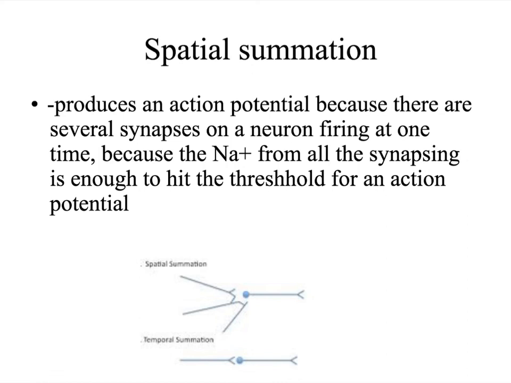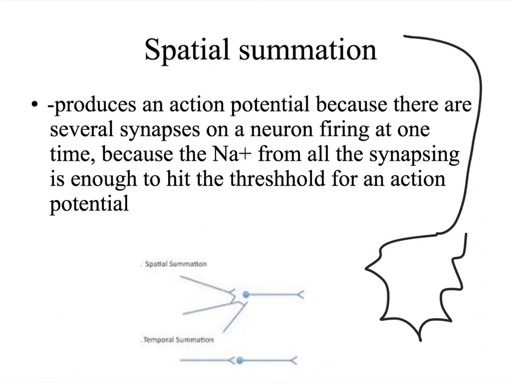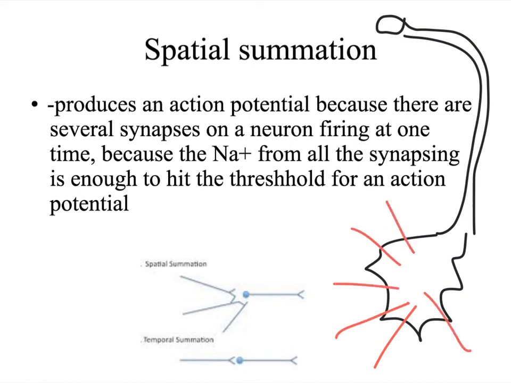So let's say that you've got a neuron, and its axon is going way off up here, and you've got presynaptic cells that are firing all over this neuron. Let's say the red ones are going to be EPSPs, and let's go ahead and make some yellow ones be IPSPs.